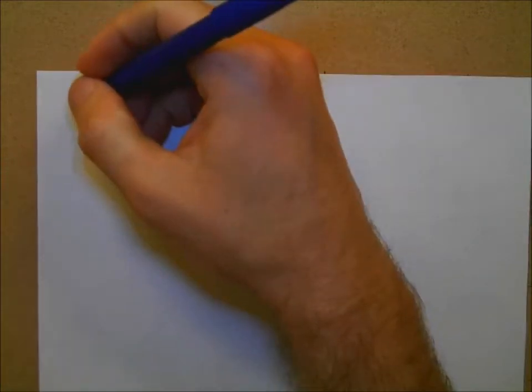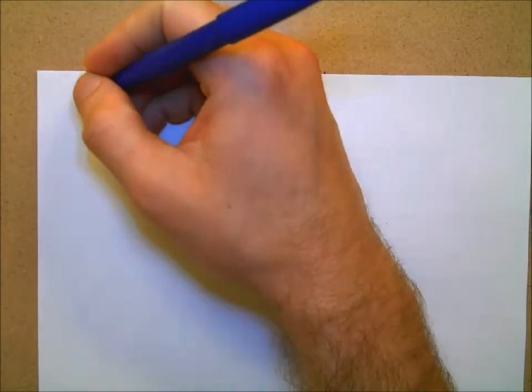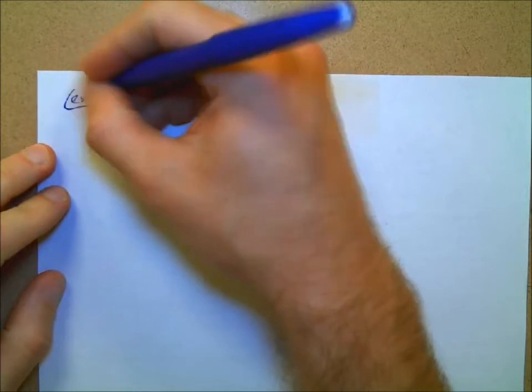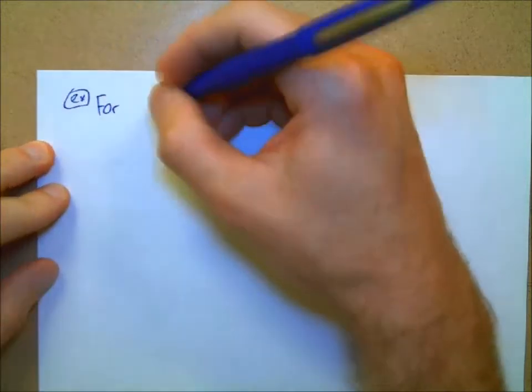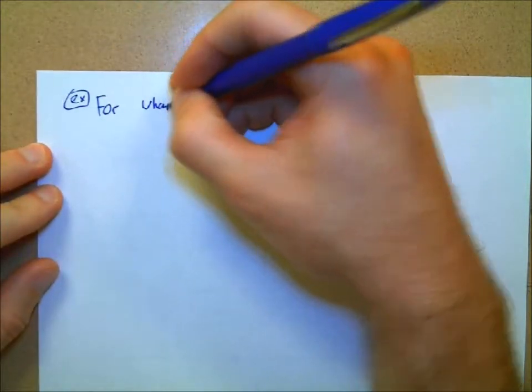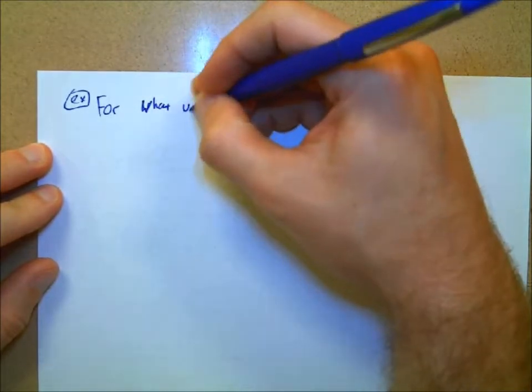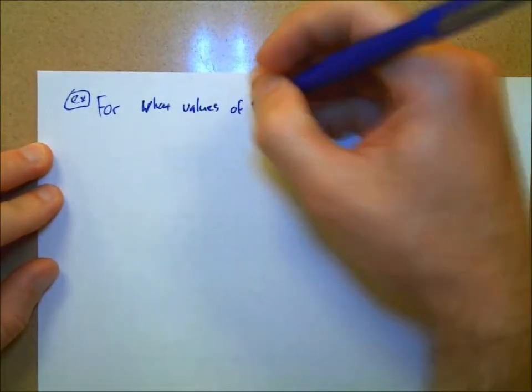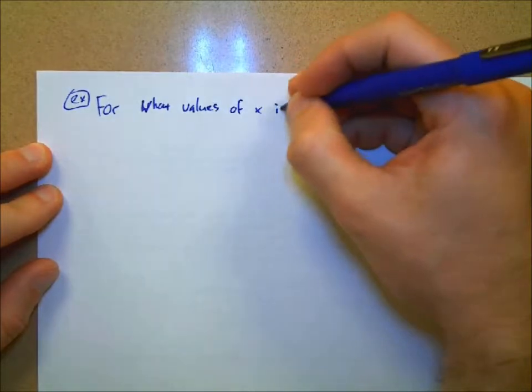One other thing I want to talk about here is intervals of increasing, decreasing, and constant. I want to just jump right into an example. So we'll just jump right in.